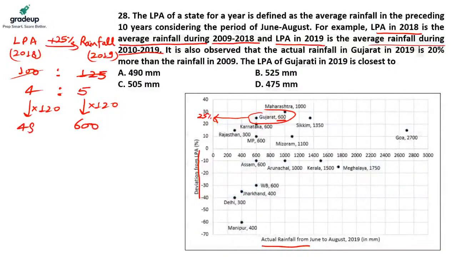So LPA in 2018 was 480. This 480 is the average rainfall from 2009 to 2018. Done.